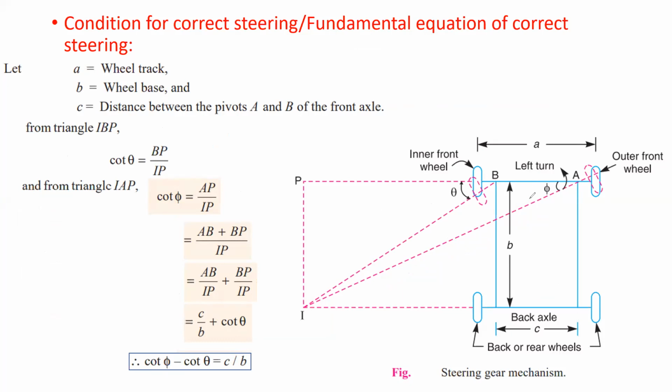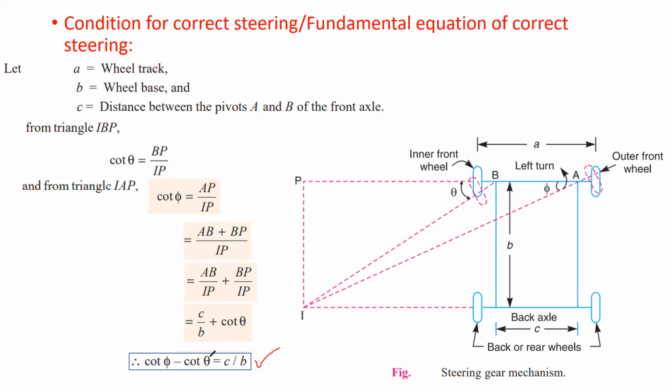When a vehicle takes a turn, its inner front wheel turns by a larger angle theta, and the outer front wheel turns by a relatively small angle, as is obvious from this diagram. So this relation should always be maintained between them, that the difference of these two should always come as constant.